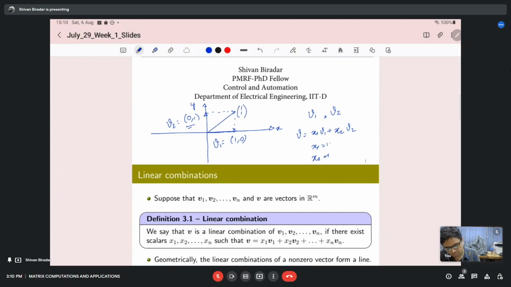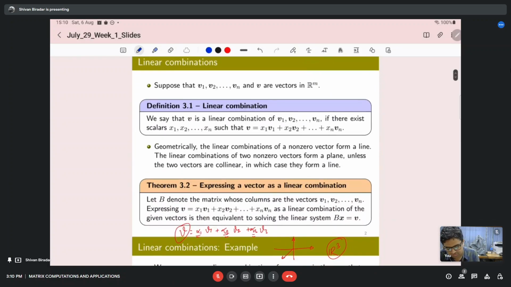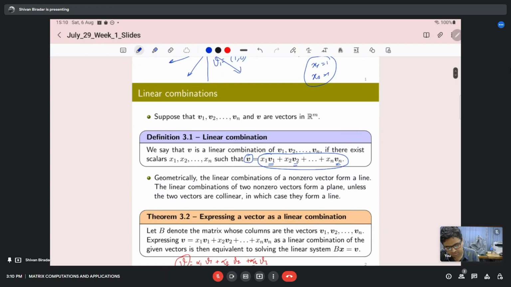In similar fashion, for any values of x1, x2, I'll get vectors in the R2 plane. So this is what the linear combination looks like. If you take a linear combination of n known vectors, you will get another vector v in m-dimensional space.